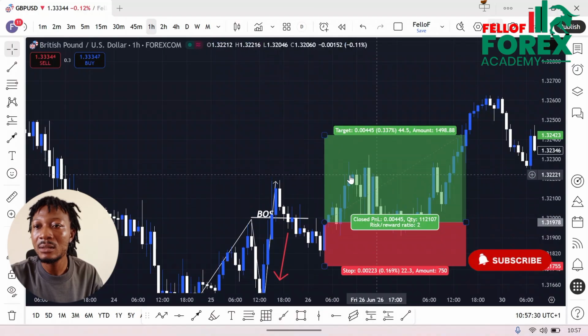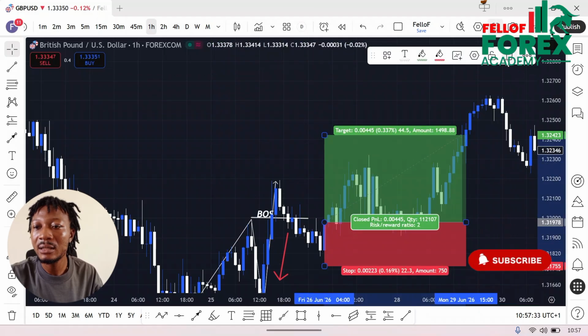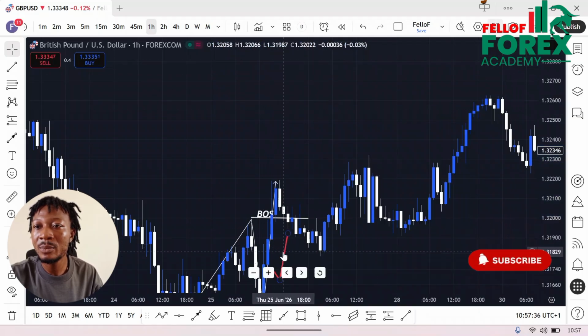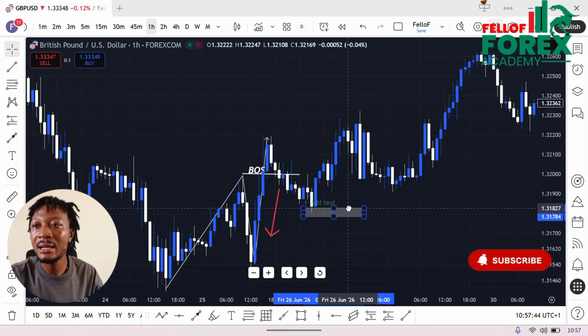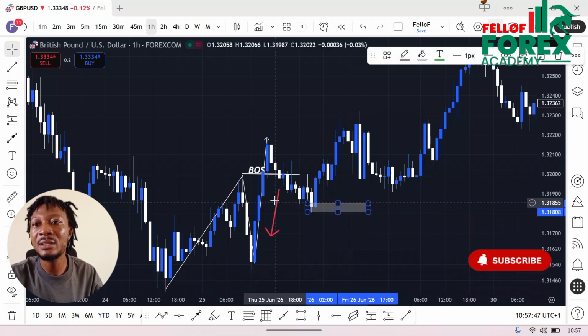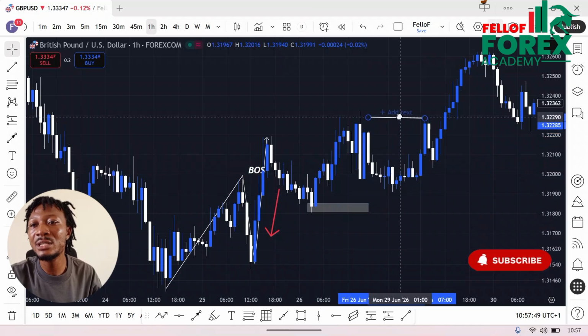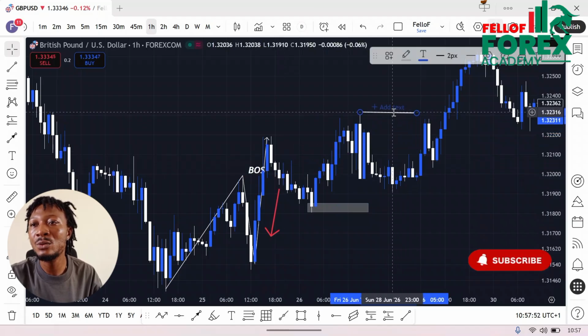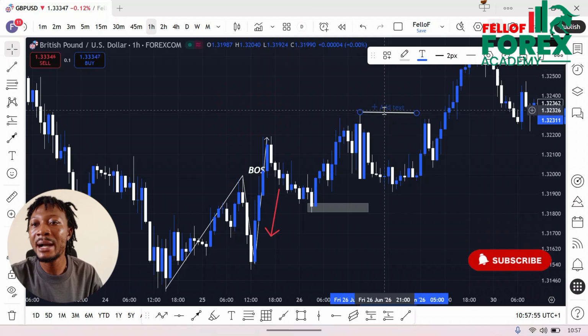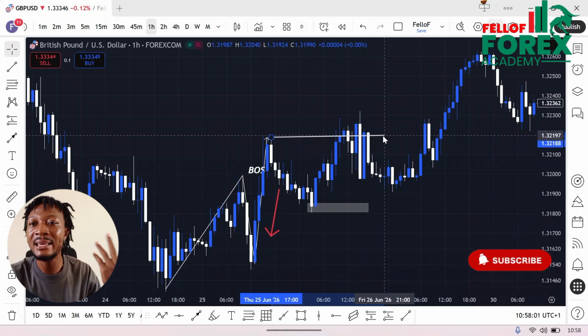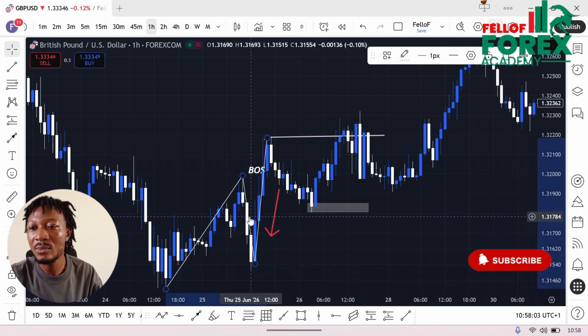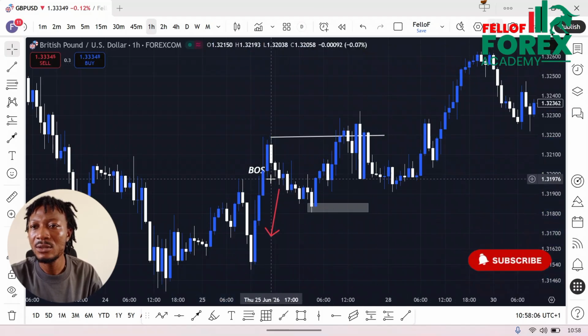Now, that's the first level, okay? And now we mark this as our new lows, as you can see, and this will be our new highs. Sorry, this should be our new highs, sorry, okay? And then we move this and consider this our breakout structure.